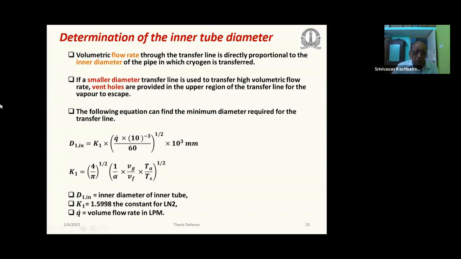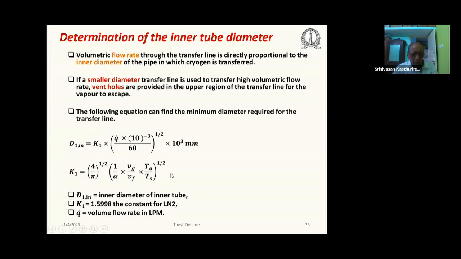The factor K1 is actually a constant which depends on a parameter alpha, the velocity of the fluid, the temperature of the gas, the temperature of the liquid, etc. All these various terms you have to introduce.